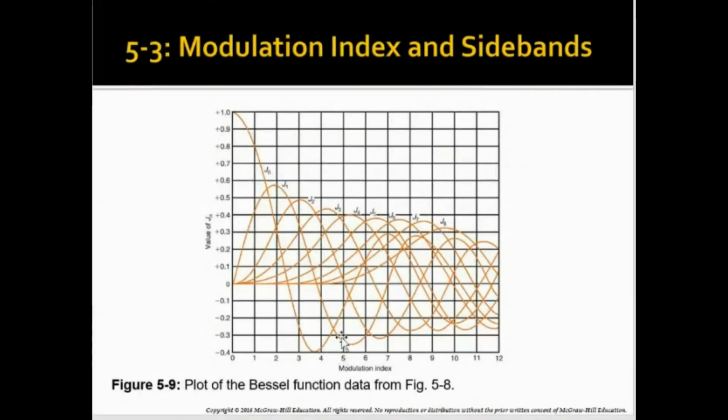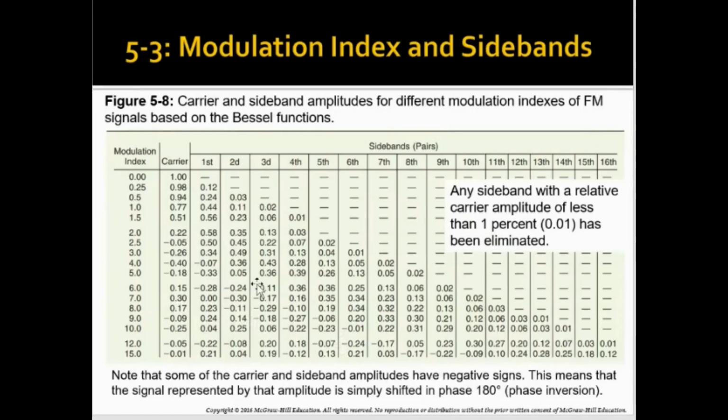Here you can see this is somewhere here. Then for the first sideband, you can find it is minus 0.3, something like 0.33 or 32. And if you look here, the first sideband has an amplitude of 0.33.